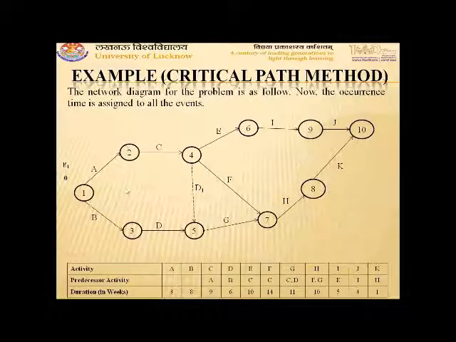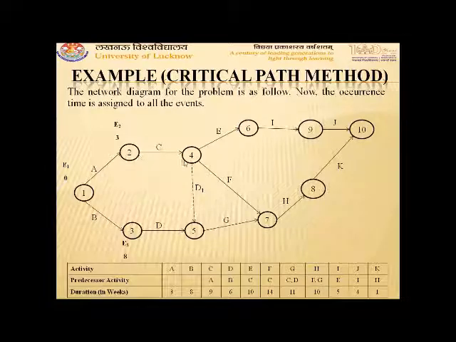Duration of activity A is 3. So for A, the earliest time will become 0 plus 3, that is 3, and for event 2, the earliest occurrence time will become 3. That means E2 comes out to be 3. Similarly, to 0 we add the duration of activity B, which will give the earliest occurrence time for event 3. So E3 is equal to 8.